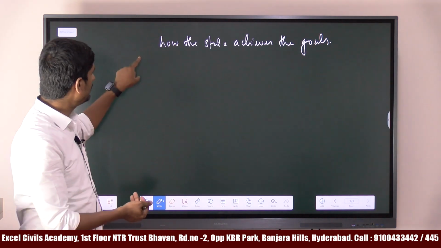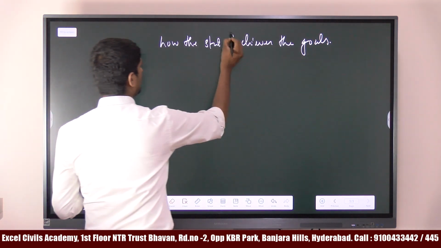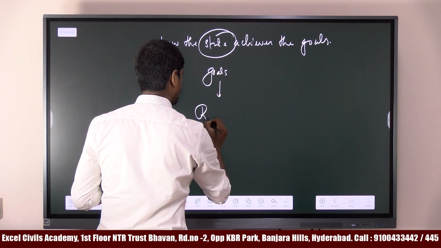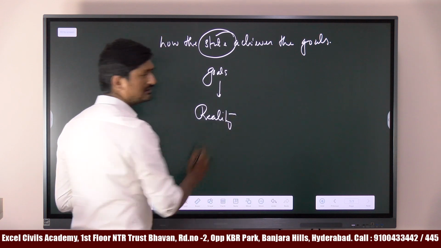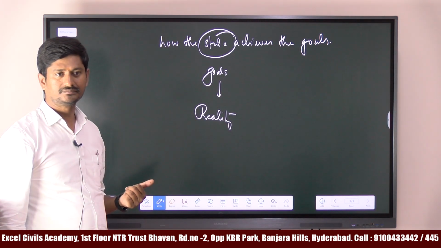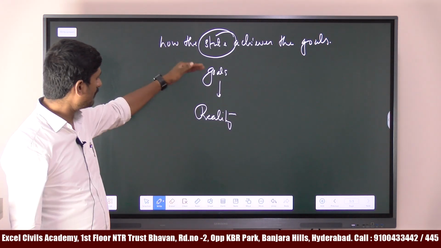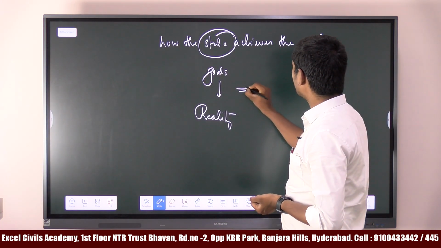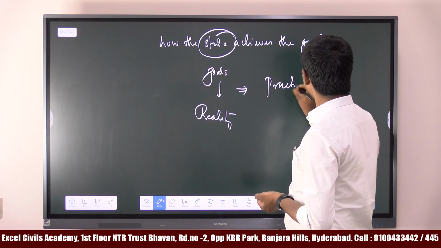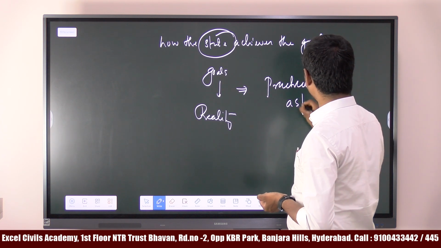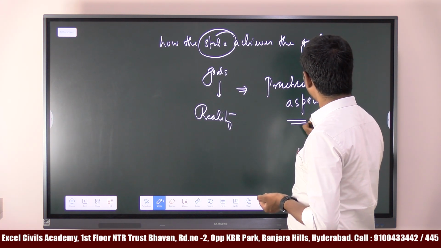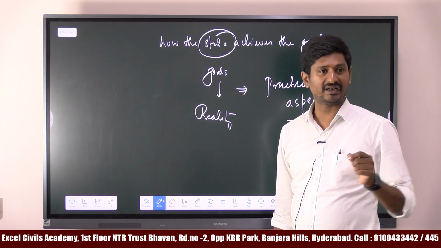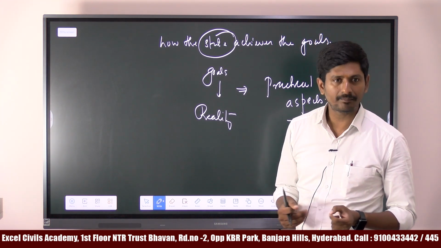On the other hand, public administration is about translation of the goals of the state into reality. That is why public administration is more about practical aspects, more about practice.